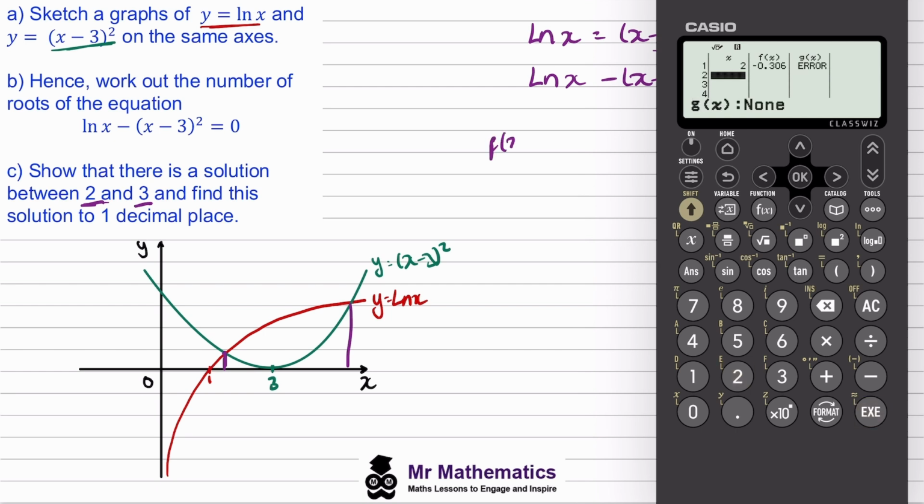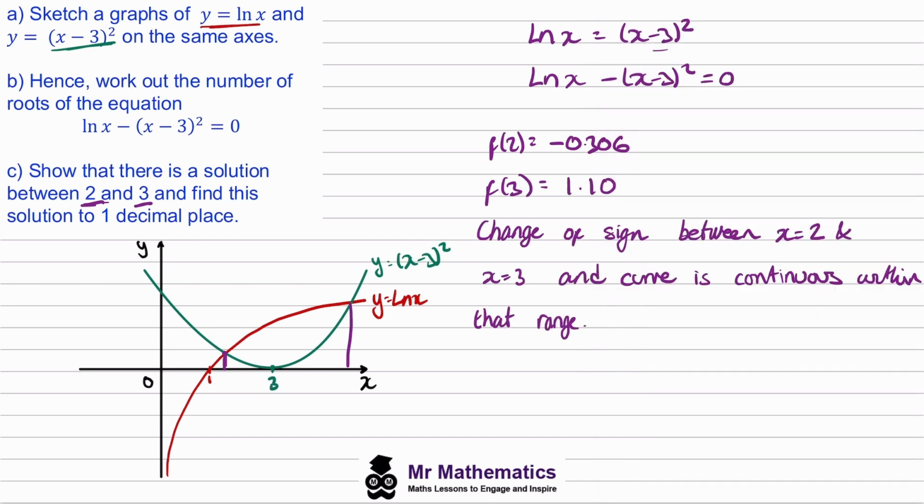So f of 2 will be negative 0.306. And we'll enter x equals 3. And we get 1.10. So we can say there's a change of sign between x equals 2 and 3, and the curve is continuous within that range. But we need to find it to one decimal place.